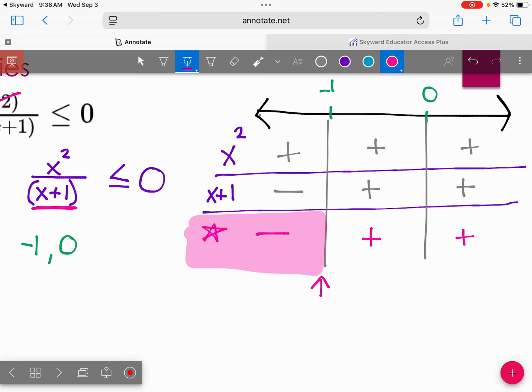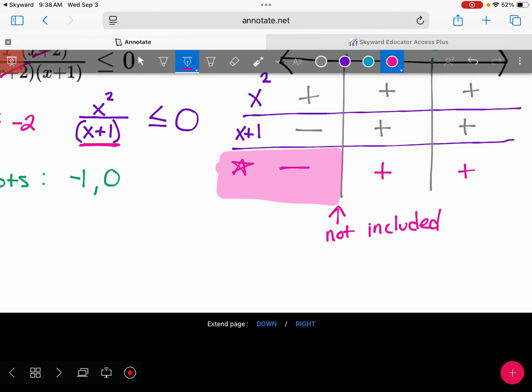This would be 0, so not included. What else is not included? -2. So you can think of it as its own little mini number line, where we have our -1 that we've got to skip over, and our -2 that we've got to skip over, so we'll have it as 2 separate intervals.